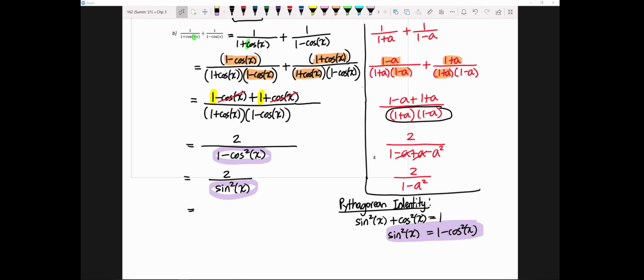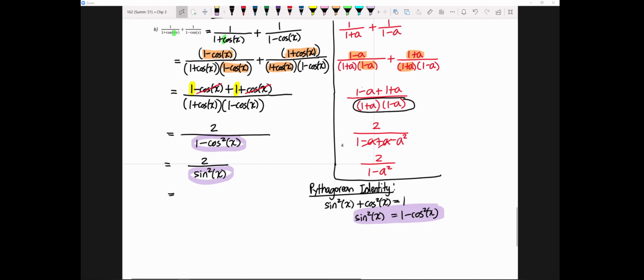So it'd be cosecant. Very good. You can think of this as 2 times 1 over sine squared of x. Anytime you have 1 divided by a trig function, you could rewrite it with its reciprocal function.